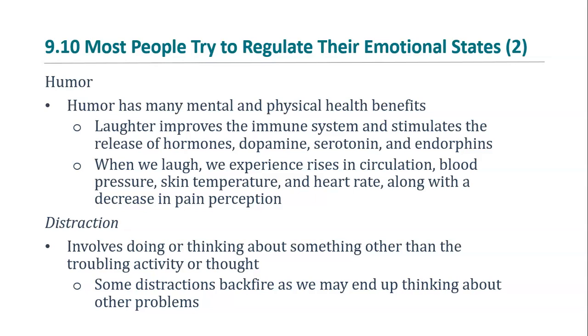So if you think about how we have this sort of immediate reaction, if you get into a pattern or a cycle where you're thinking about bad things, breaking that cycle can be very positive in terms of reducing those negative feelings.